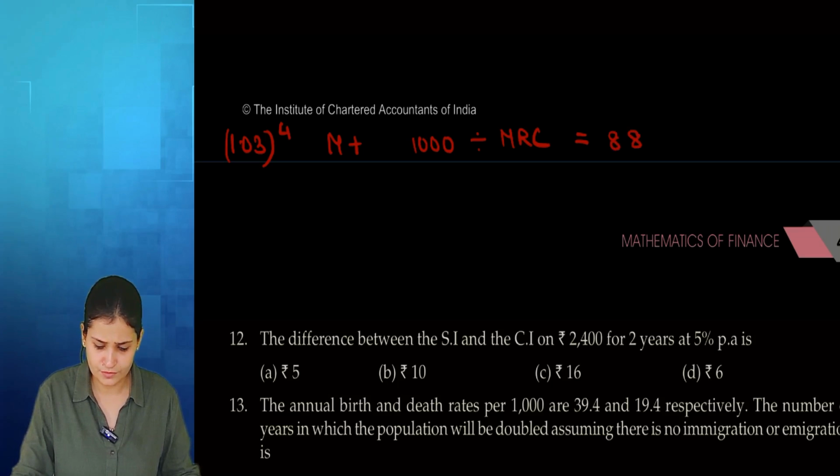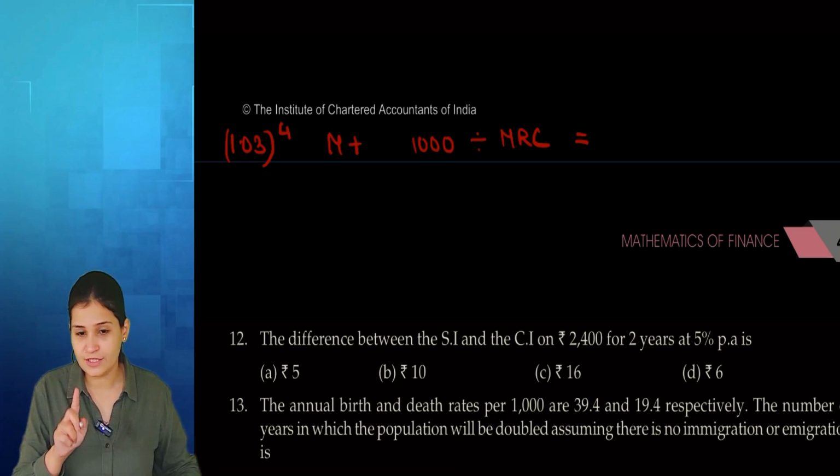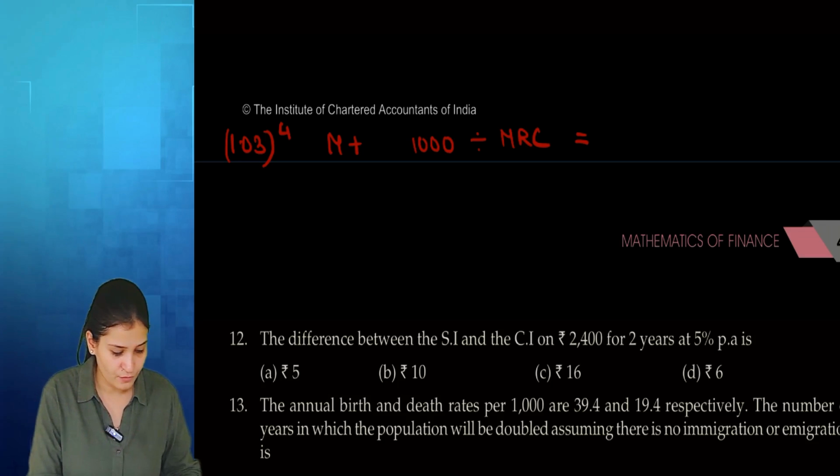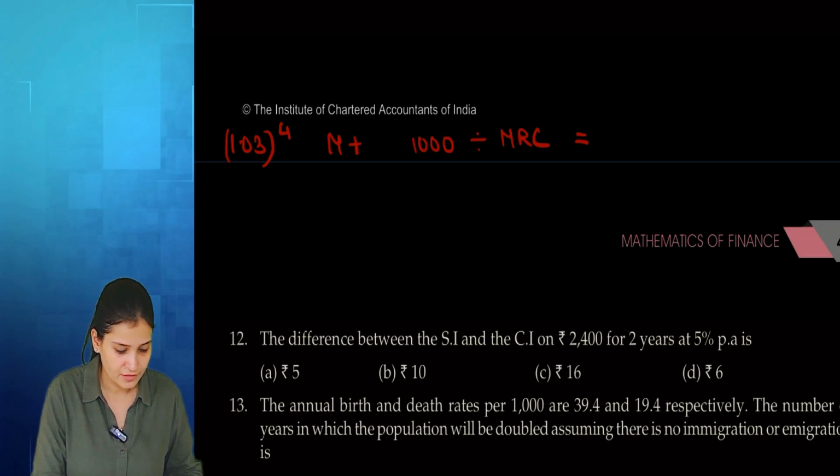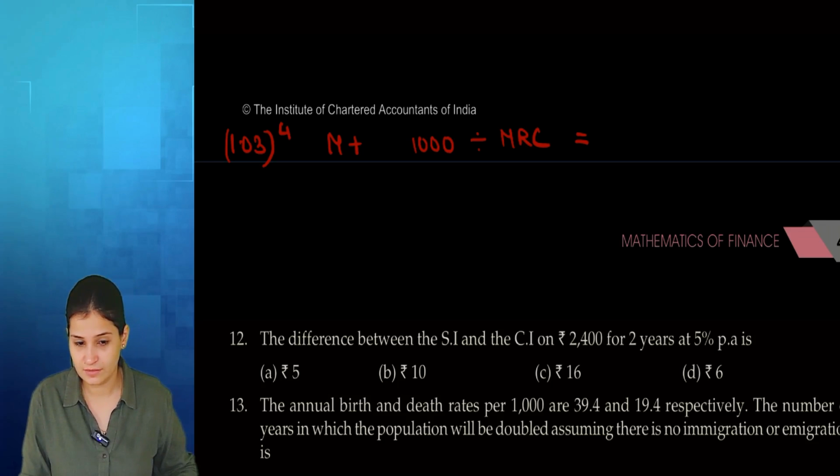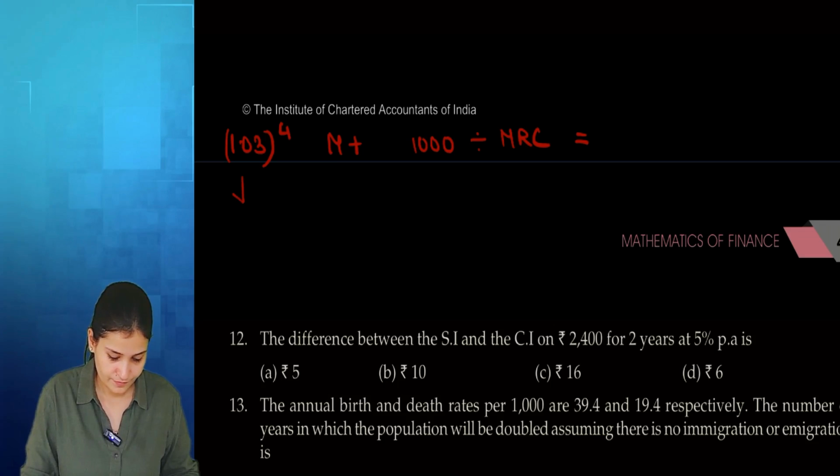We have done it. Whoever got the wrong answer, do it again. First calculate 1.03 to the power 4. How much did you get? 1.125508881.